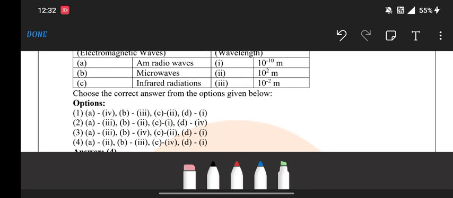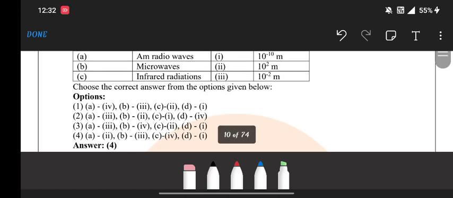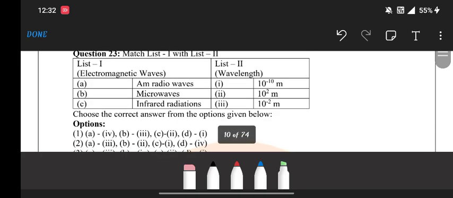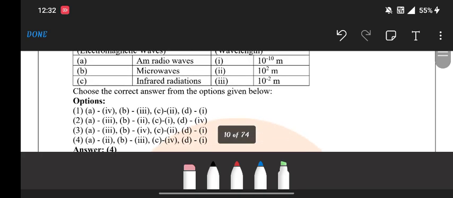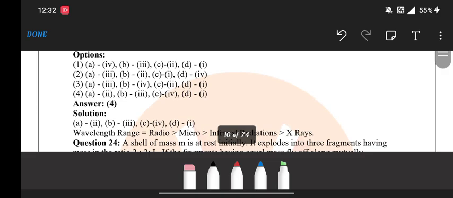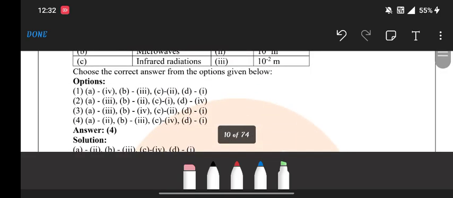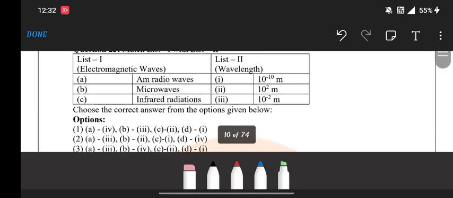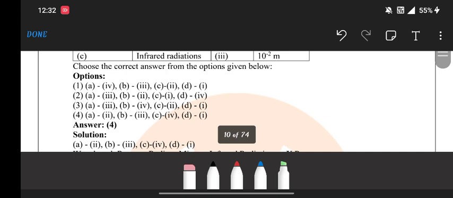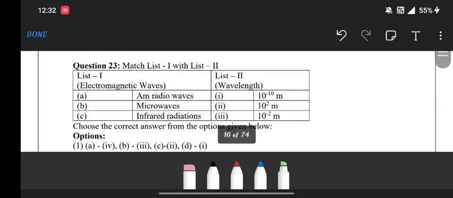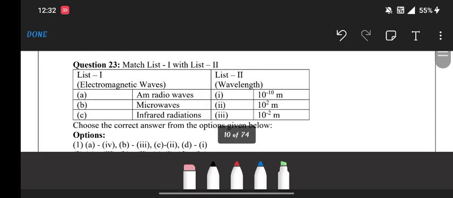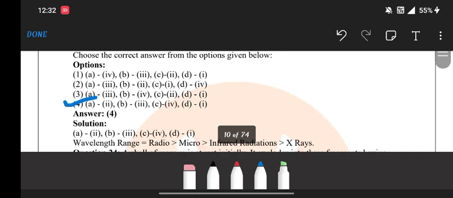Then infrared radiation is very small. The one given is 4, means option D. So option 4 is the correct one for question number 23. Moving on to our next one, that is question number 24.